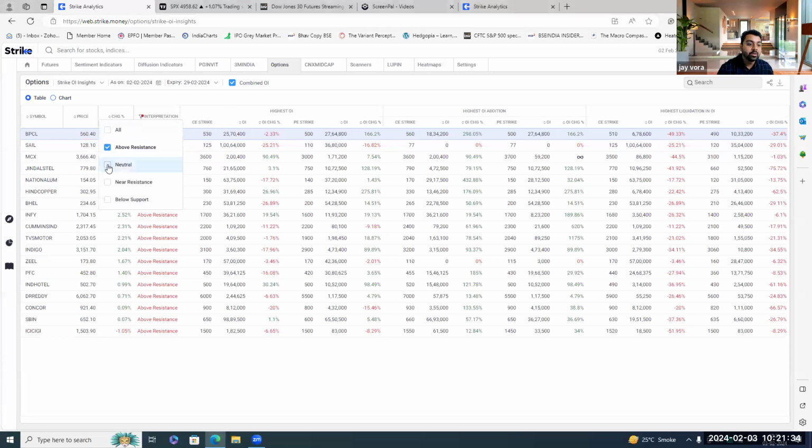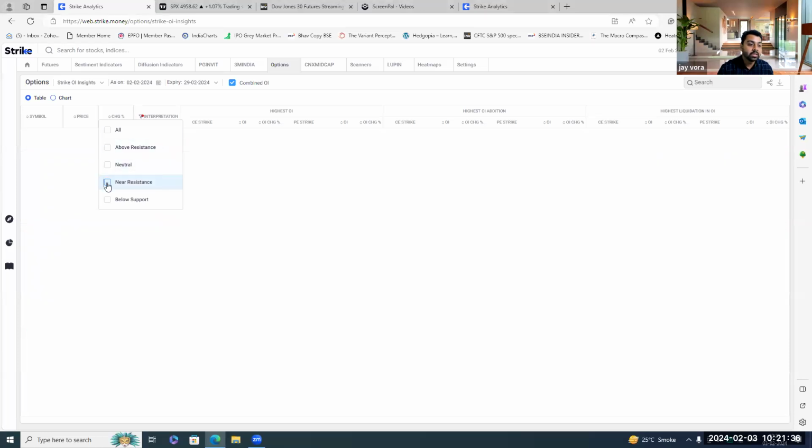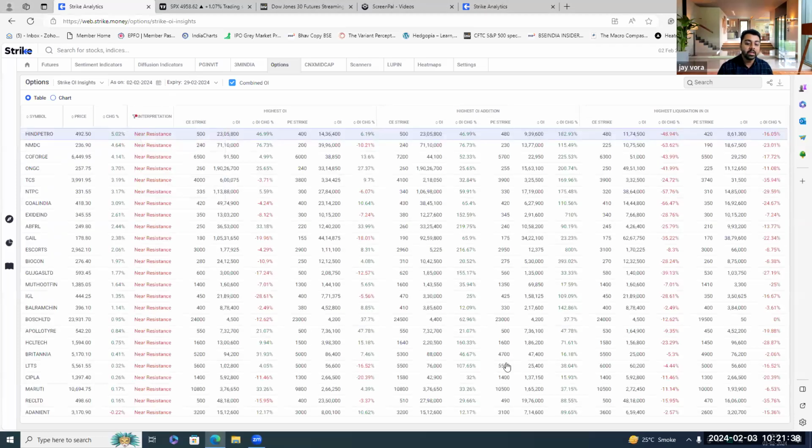Now, when we look at the other thing, which is near resistance, what it tells you is that the stocks are trading very close to the strike price where there is the highest open interest. Okay. Which means that this particular area is probably going to act as a resistance for the stock.